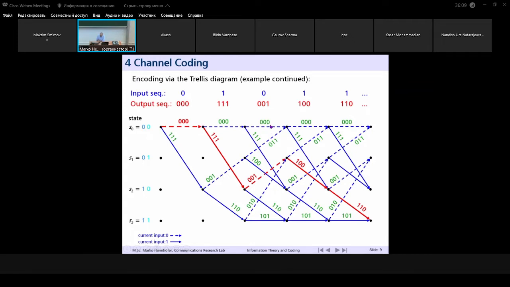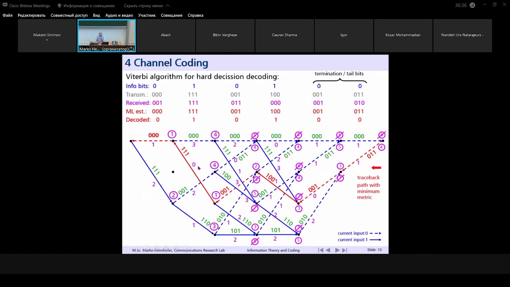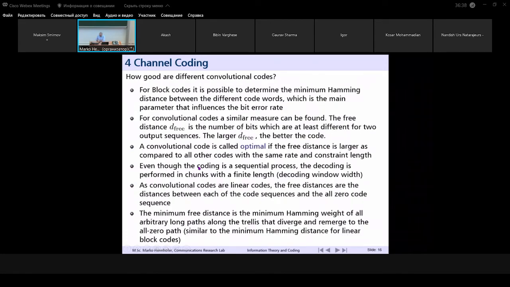Also notice for the linear block codes, we stated that we get the minimum Hamming distance by finding the code word which is most similar to the all zero code word. So the code word with the lowest number of ones gave us the minimum Hamming distance. And here we look for the sequence being most similar to the all zero sequence. This is exactly what we need to do to determine this free distance.